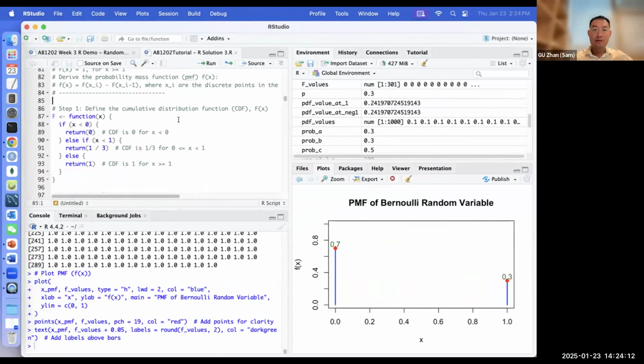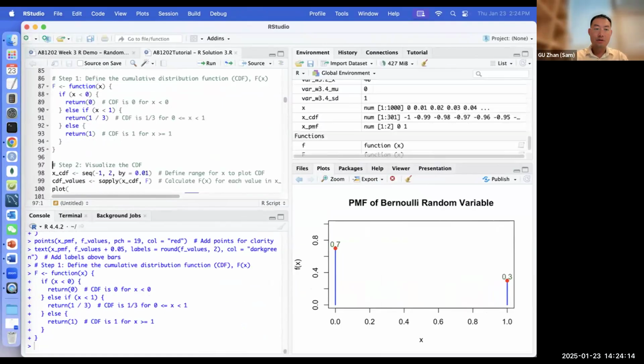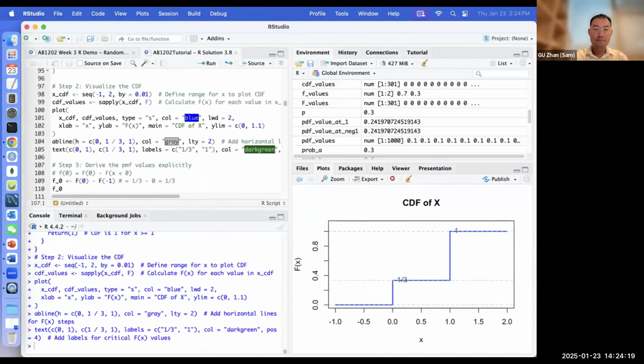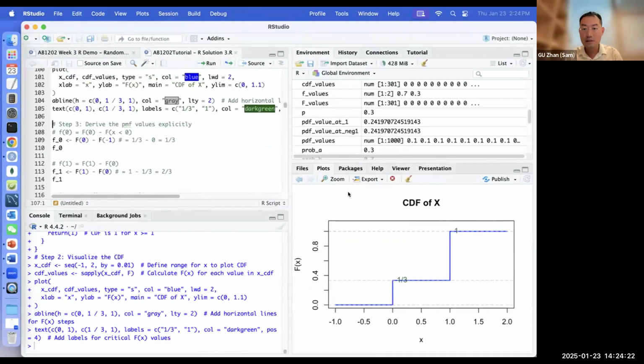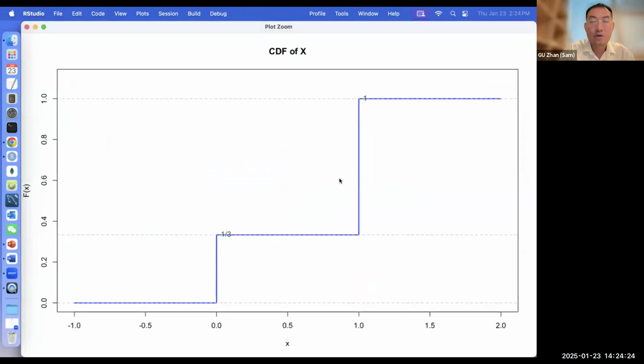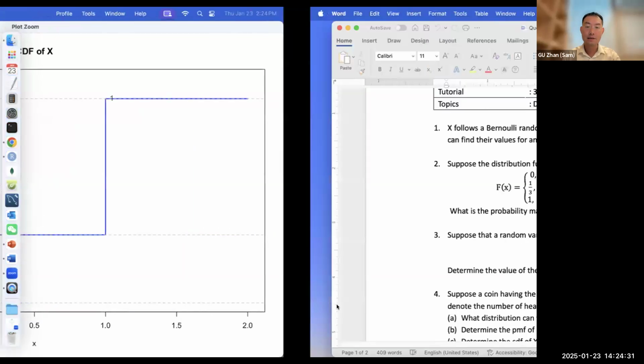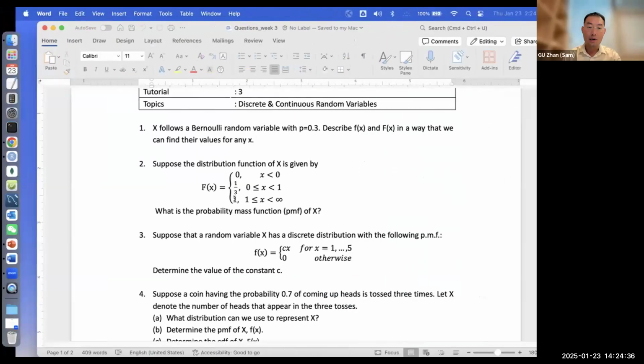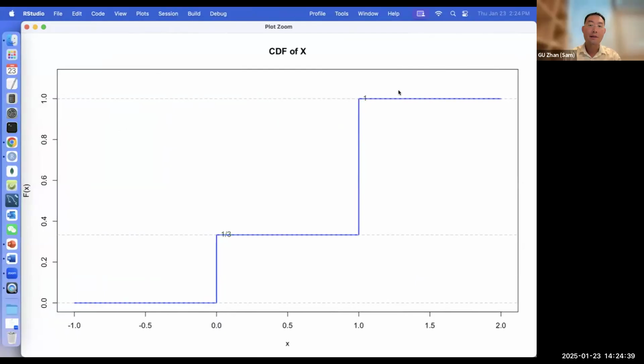Okay, so define the cumulative distribution function. We'll just have a look, visualize it. Okay, so this is the cumulative distribution function of x. Lesser than 0, 0. In between 0 to 1, it says 1/3. In between 0 to 1 is 1/3. Greater than 1, it is 1. It is 1, right? So when x equals to 1, it is 1 minus 1/3.